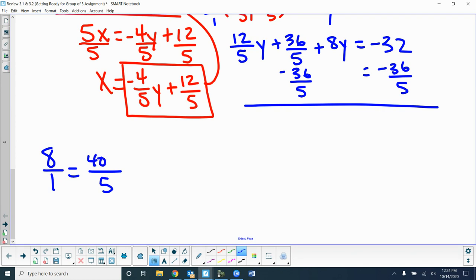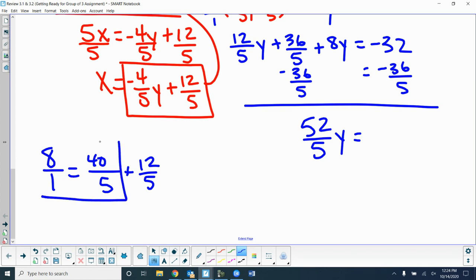So what's 12/5 plus 40/5? There's my 12/5. 52/5. So that's my y, 52/5 y. Again, all I did was change 8/1 to 40/5, so I could add those two fractions.